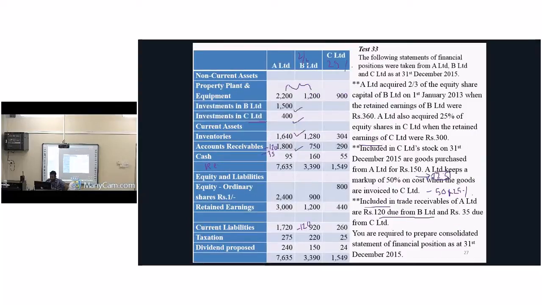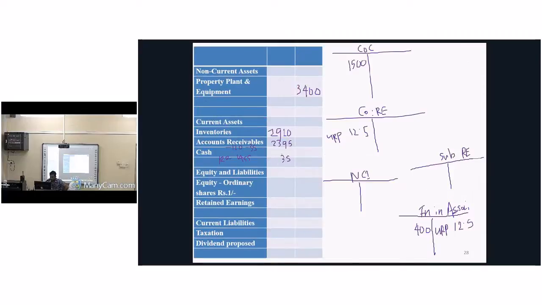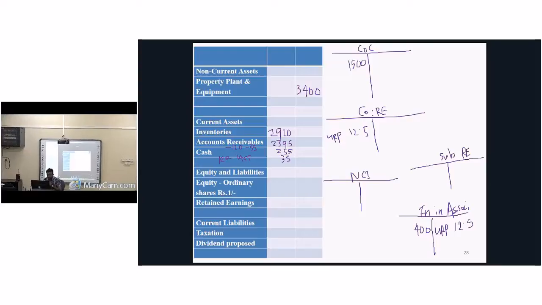Third line, cash, it's very clear. 160 plus 95, 255. That's all about asset side. Understand?